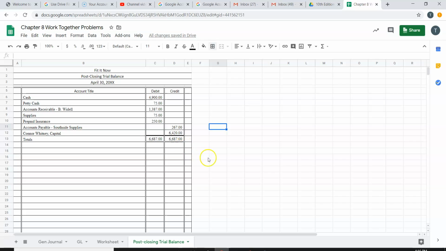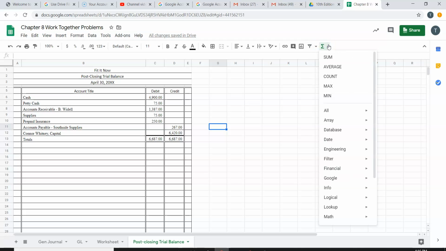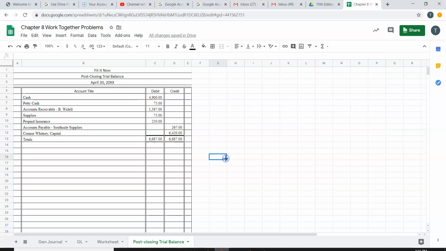So you can see it has the 2 borders on here. I'll show you something else. A lot of you probably know this already, but when you add these up, Google Sheets does have these functions, so you could just click sum and then put it on there too.